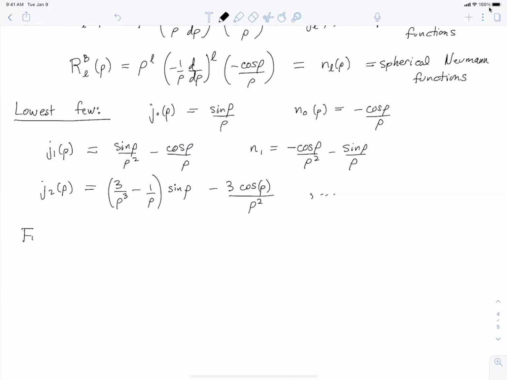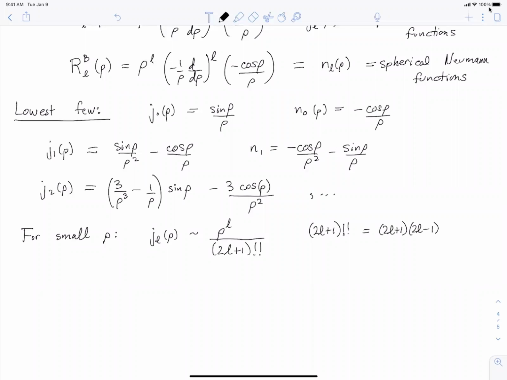So for small rho, J_L of rho turns out to be proportional to rho to the L divided by 2L plus 1 double factorial. So if you haven't seen double factorials before, it's not the factorial of the factorial. 2L plus 1 double factorial means you start at 2L plus 1 and you keep multiplying by smaller numbers that differ by 2 until you get down to 1.